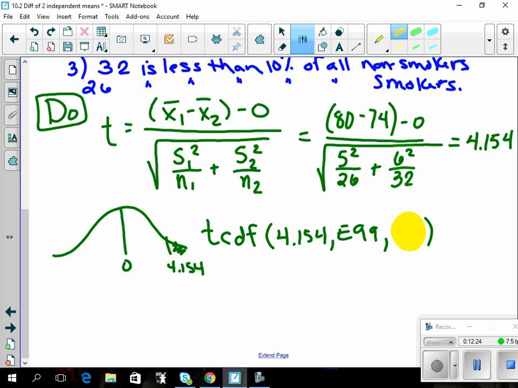It uses some crazy formula that I'm never going to ask you to do, but it is appropriate to use what the calculator gives you. All I ask is that you tell me which degree of freedom you're going to use. So in my case, if you want to say degree of freedom equals 25, because it's 1 less than the smallest sample size, that's perfectly okay.